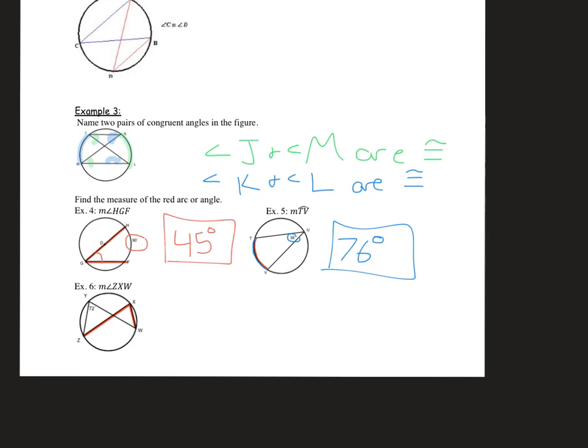In example 6, they want us to find the measure of angle ZXW. Angle ZXW forms the intercepted arc ZW, which is also formed by angle ZYW, which is 72 degrees. So this other angle ZXW will also be 72 degrees.